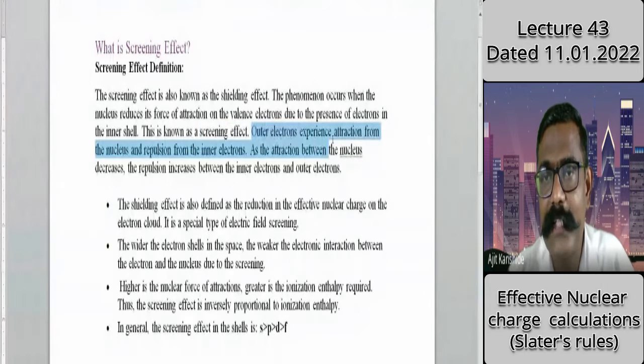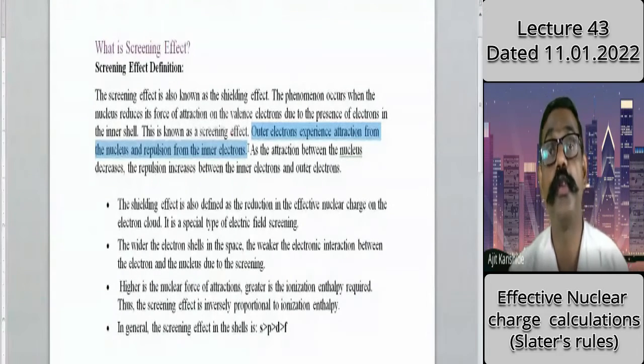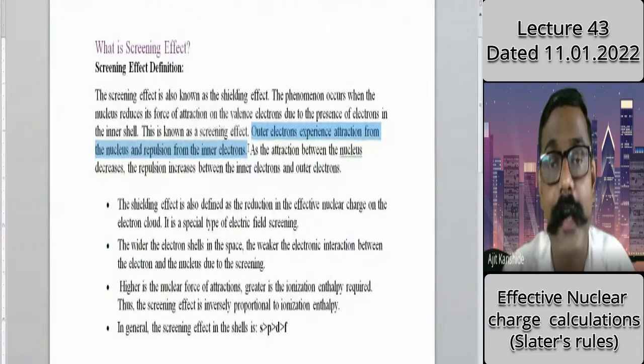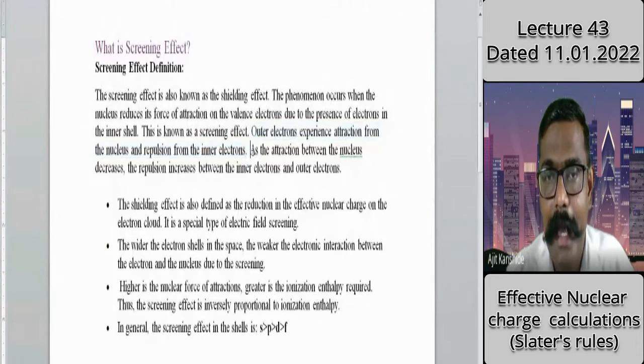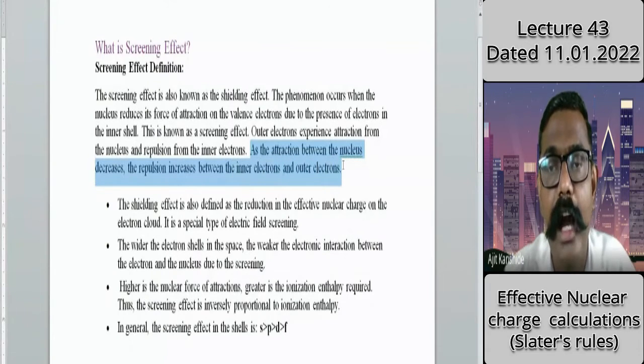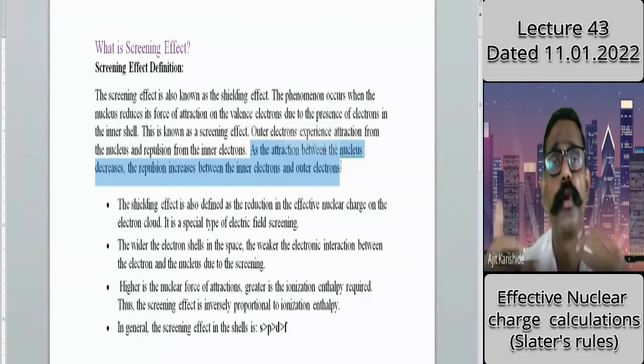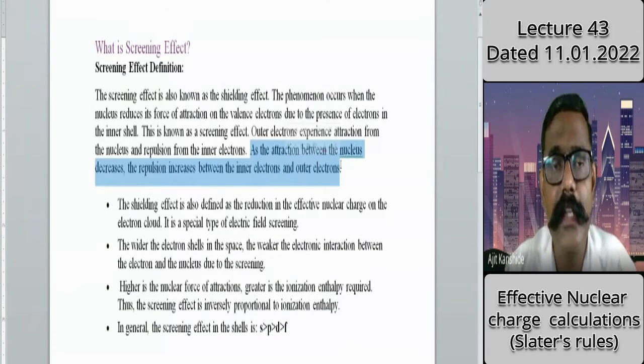Outermost electrons experience attraction from the nucleus and repulsion from the inner electrons, due to which the actual attraction decreases. As attraction from the nucleus decreases, the repulsion increases between the inner electrons and outer electrons. I mean, what they want to say, attraction is less means repulsion will be more, and that is the screening or the shielding effect.